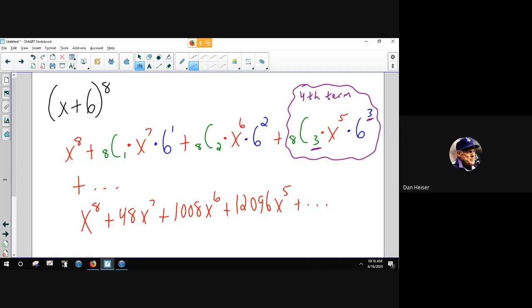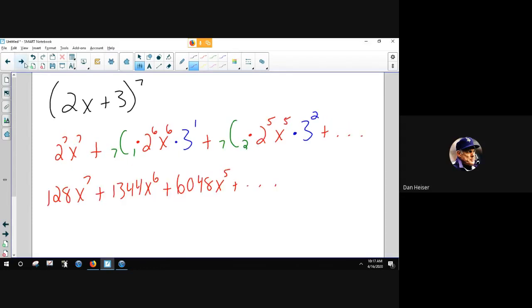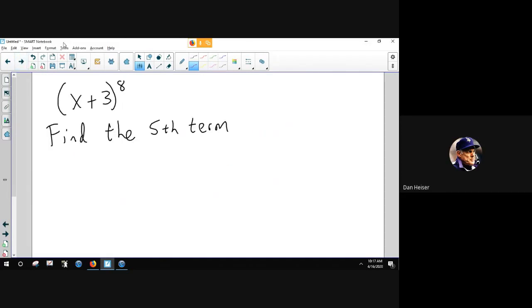And then here's 3 powers in B. There's the fifth term. 1, 2, 3, 4, fifth term. 5C4, and then 4. So if we apply that to this particular problem, we can find this specific term without multiplying out, without knowing any other terms nearby.